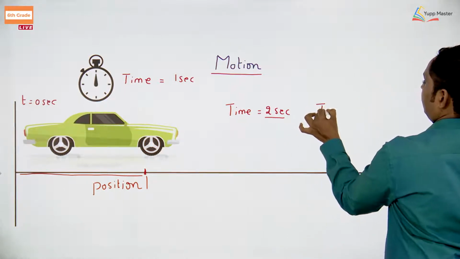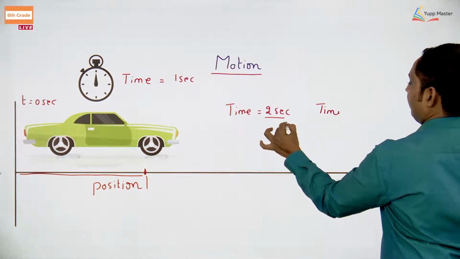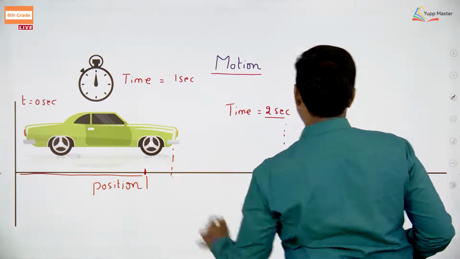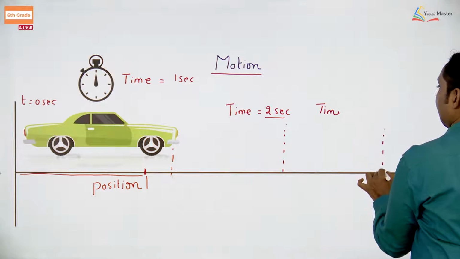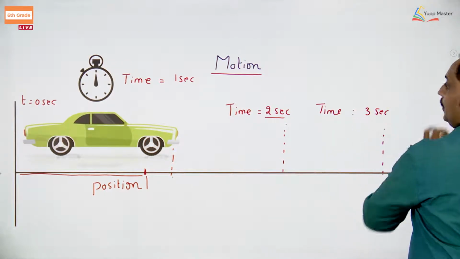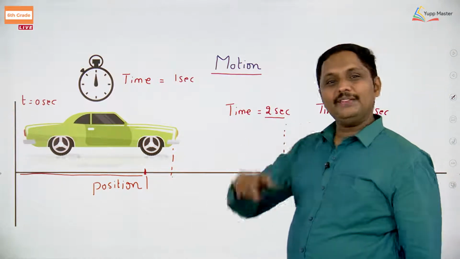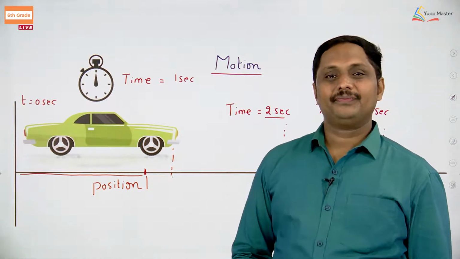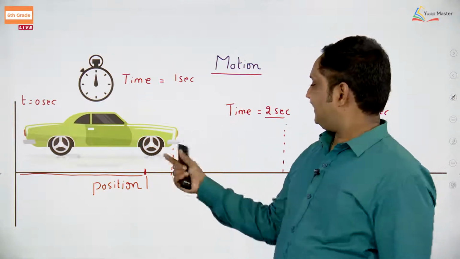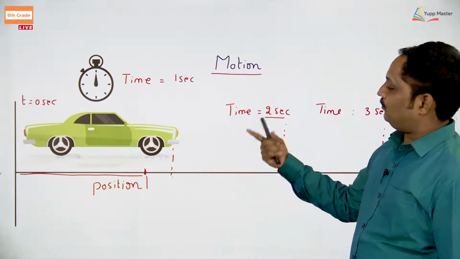Here, time is going to be 3 seconds. Okay, all right. How can you say that time is changing and the distance covered by the body also changes?